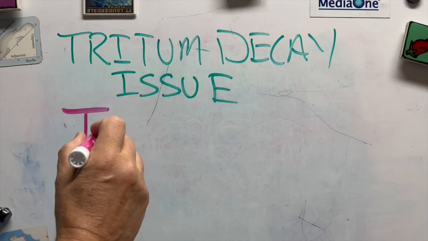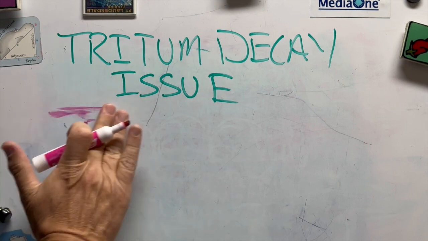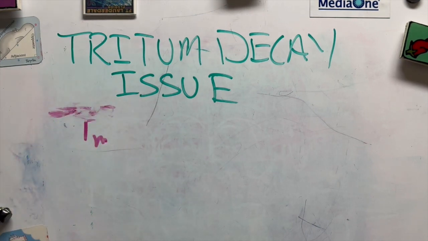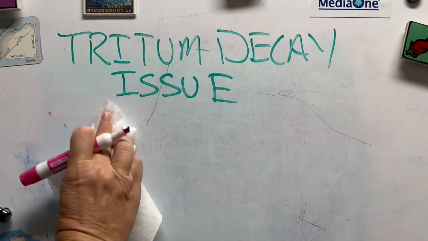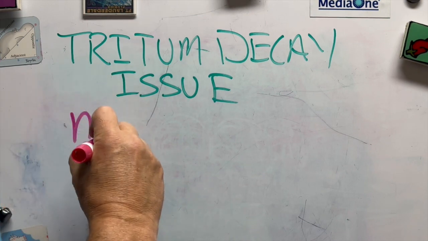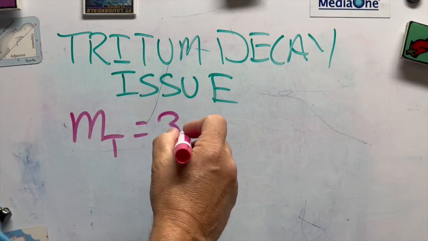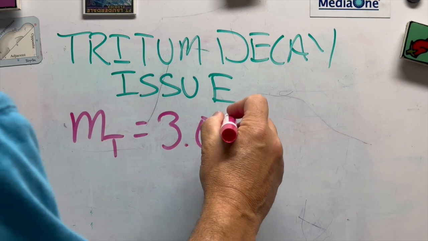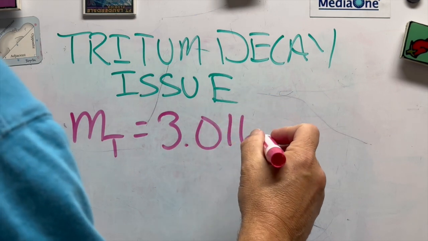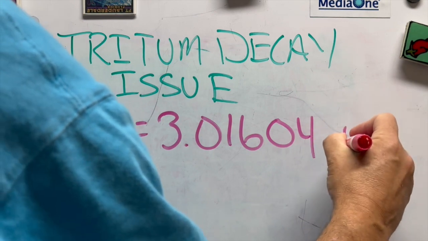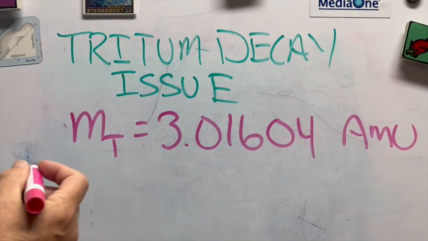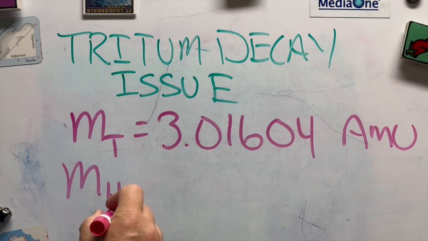If you write down the mass of tritium, it's 3.0160, pay attention to that one, 4. That's in AMU. And then you write down the mass of helium-3.